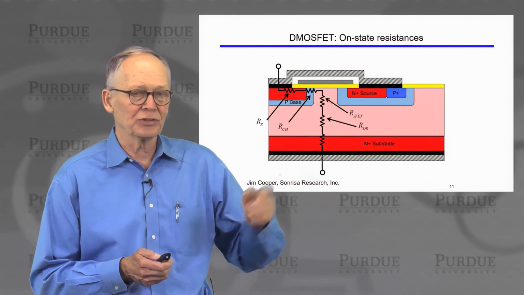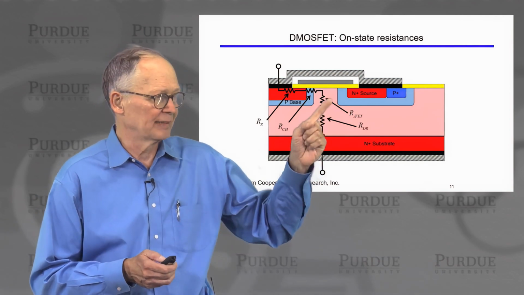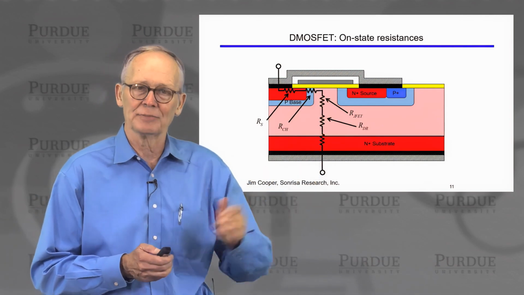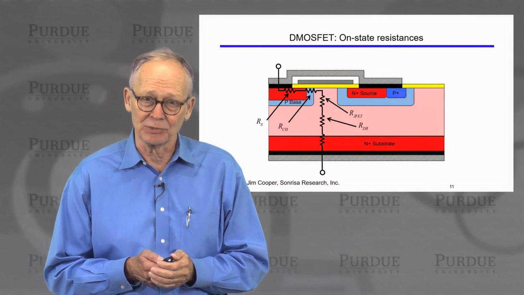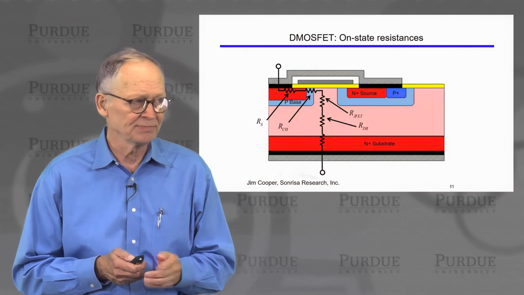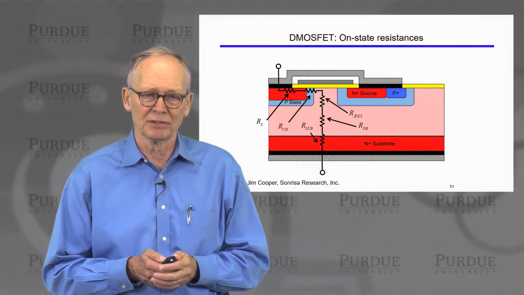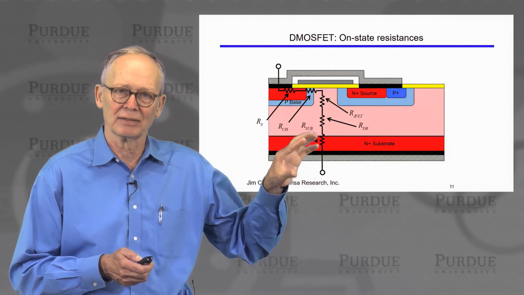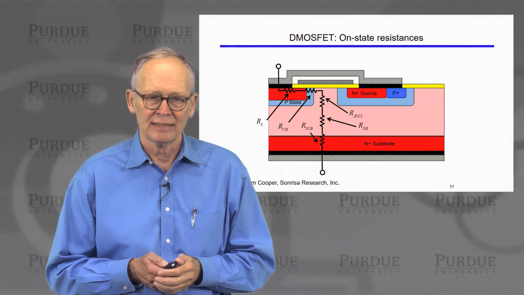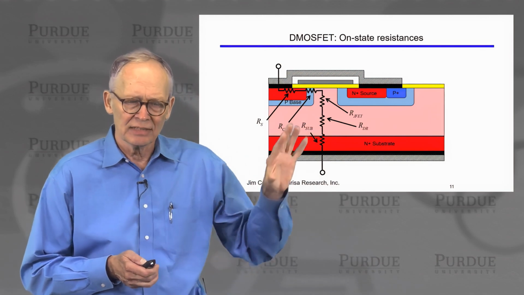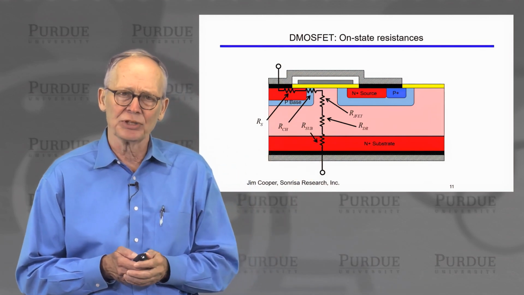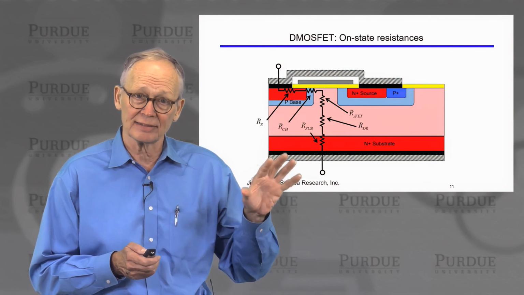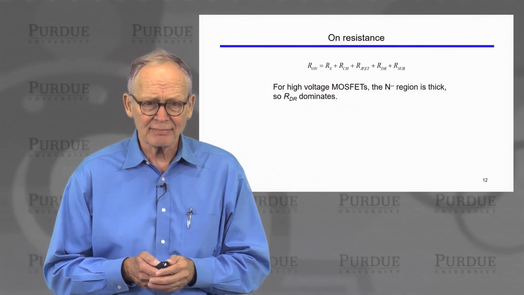Then there is a resistance due to the drift region as the current flows through this long, lightly doped N-type region that's there for breakdown voltage. And finally, there's another resistance in the heavily doped drain and the metal to the heavily doped drain contact that we call the substrate resistance. So there are many components to the resistance in the on state.